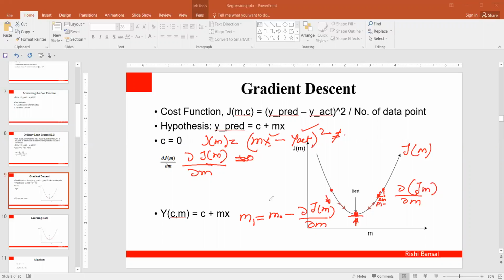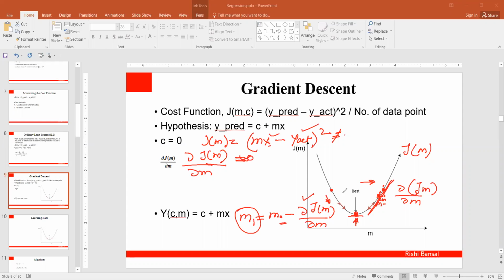So this is iteration. First time I differentiated with respect to m and it came somewhere here. Now this value is positive, if it is on the right hand side. If you subtract this value from m0, you will get m1 for the next iteration. So this value is positive.